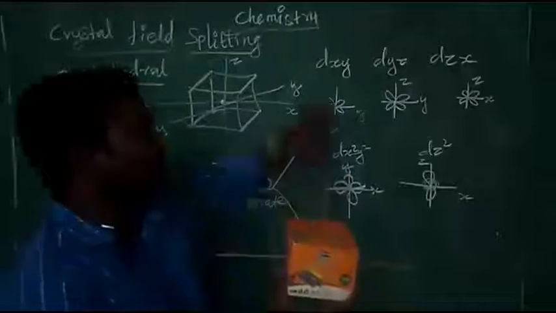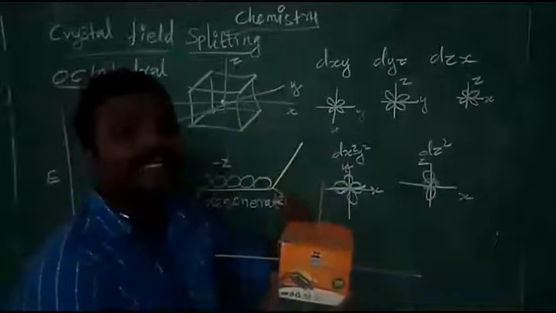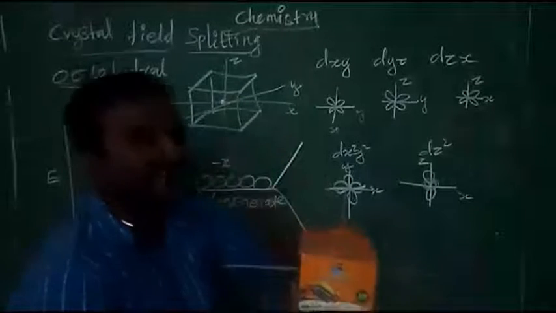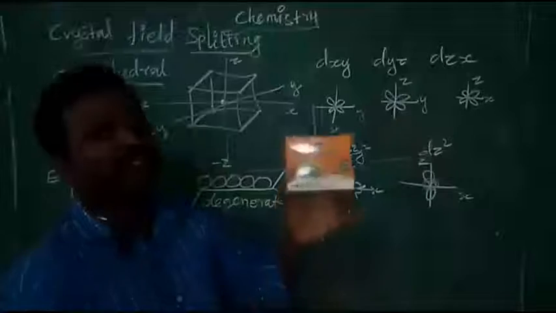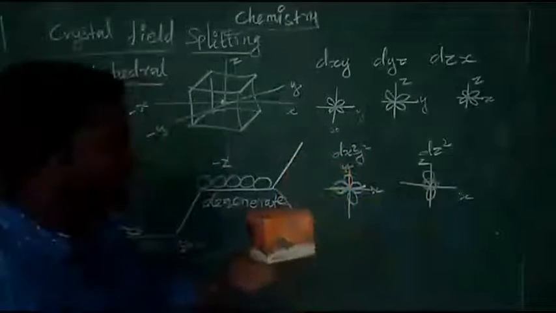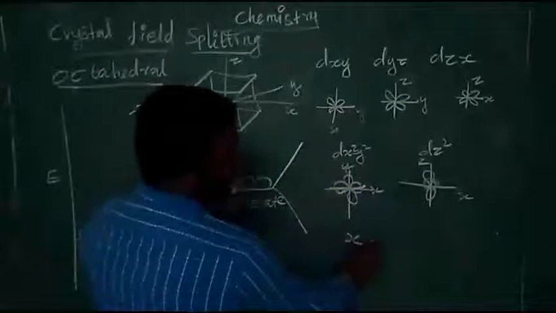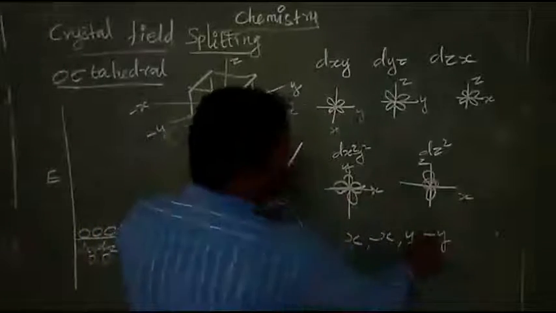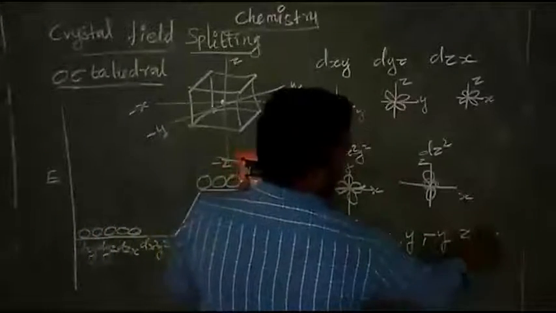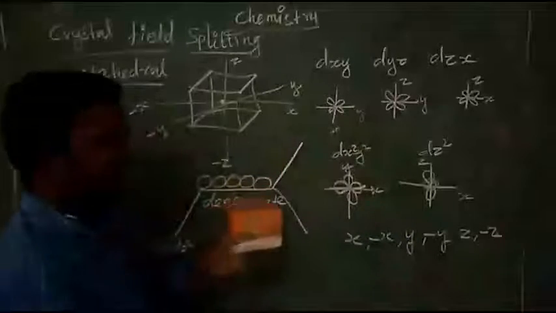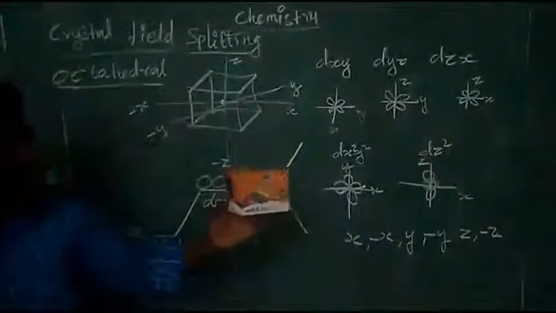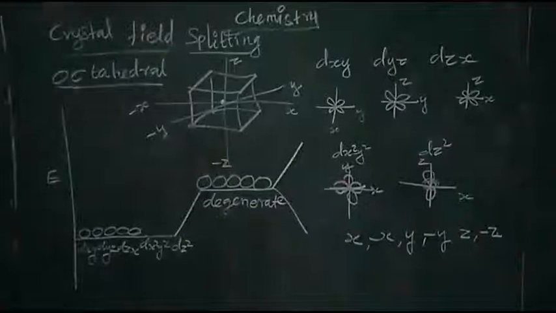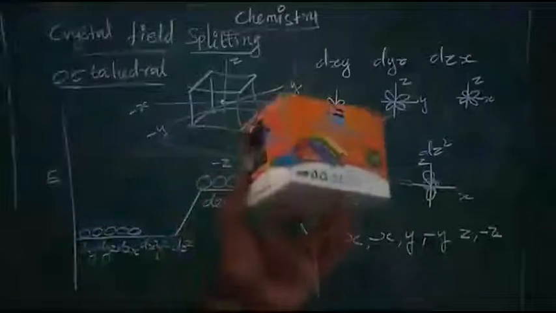Like this, these five degenerated orbitals approach the axial positions of this cube. What are the axes? x, minus x, y, minus y, z, minus z. In all these axial positions, the degenerated orbitals are approaching.